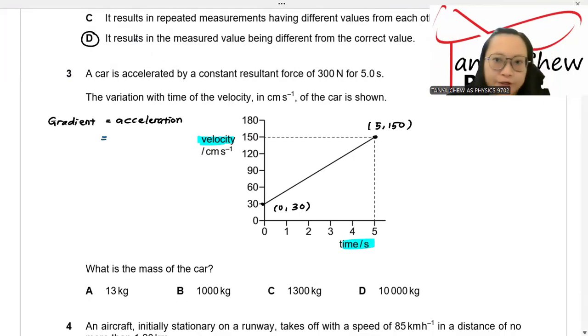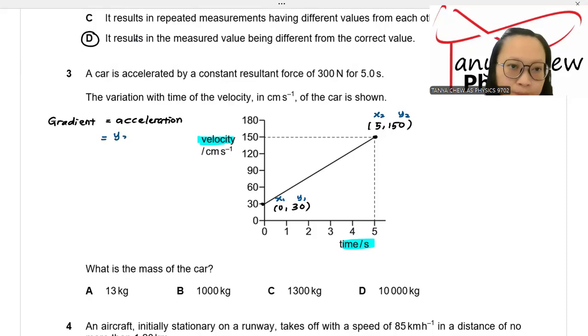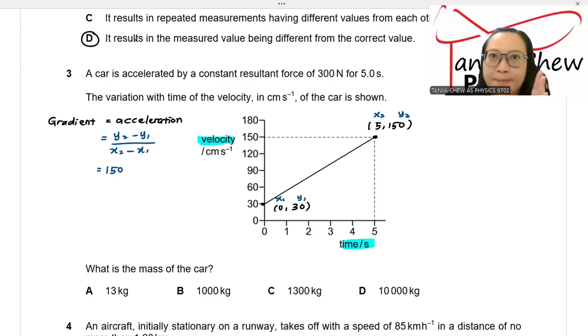So I have to beware with my y-axis. So gradient is, this is x1, y1, this is x2, y2. Remember, for gradient, this is y2 minus y1 divided by x2 minus x1. So I got y2, which is 150 cm. You have to convert cm to meter. Remember, you divide by 100 or you times 10 to the power negative 2.